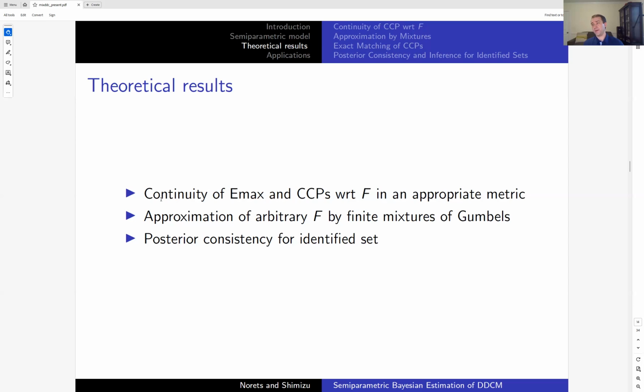So that if we are approximating distributions by mixtures in this metric, we also get approximation for the conditional choice probabilities and the solution to the dynamic problem. And I will also talk a little bit about asymptotics, posterior consistency for the identified sets, and maybe how to do frequentist inference if you really want to, using the MCMC output that our method would produce.